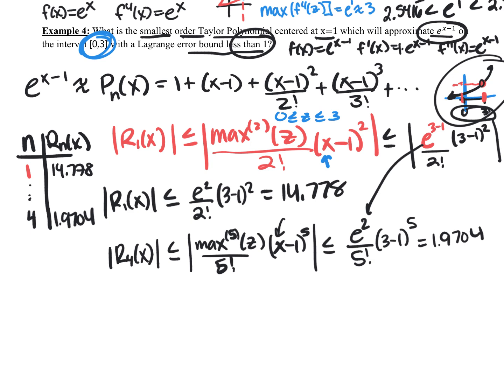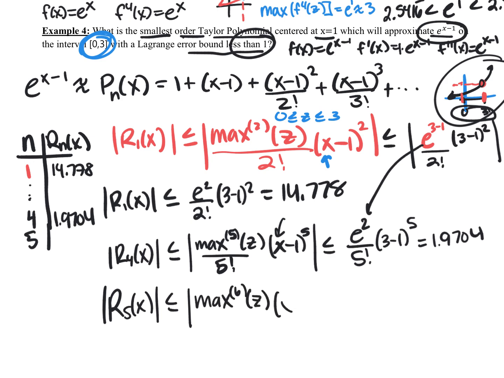So let's see if 5 is enough, because I think that might be enough. We're pretty close to 1. So now let's calculate the remainder if we use a 5th degree Taylor polynomial. So we'll look at the maximum of the 6th derivative. The maximum of the 6th derivative is still going to be e to the x minus 1. So the highest value will still be when you plug in 3.